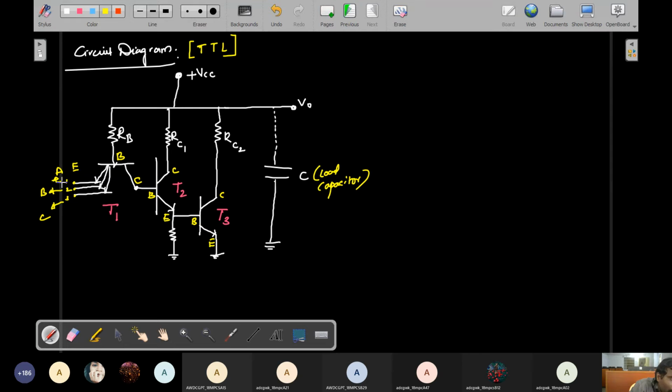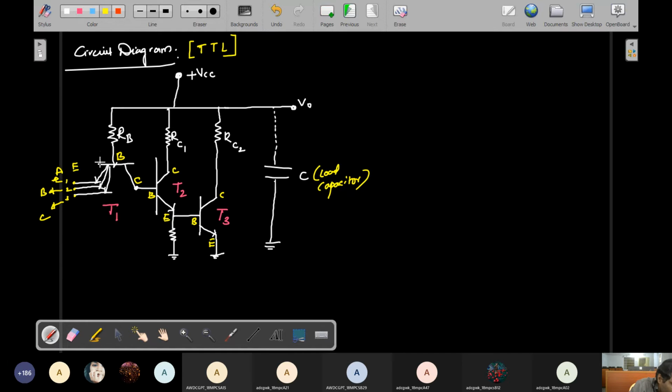So one important key point you just remember: if any one of the emitter inputs of the transistor T1 is 0, then transistor T2 and transistor T3 are open circuit.